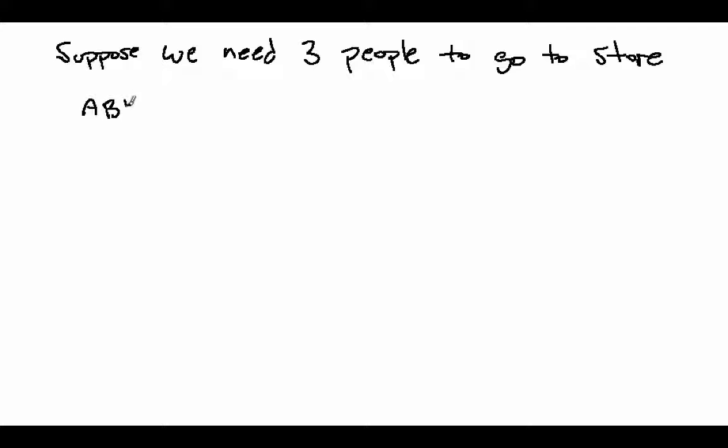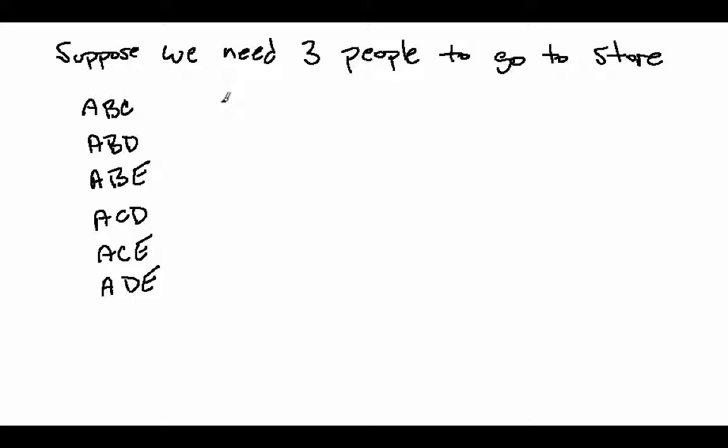I could have ABC. I could have ABD. I could have ABE. I could have ACD. I could have A, C, E, and I could have A, D, E. Okay, now I could come over here and I could do B, C, D. I could do B, C, E. I could do B, D, E. I think that's all like that.